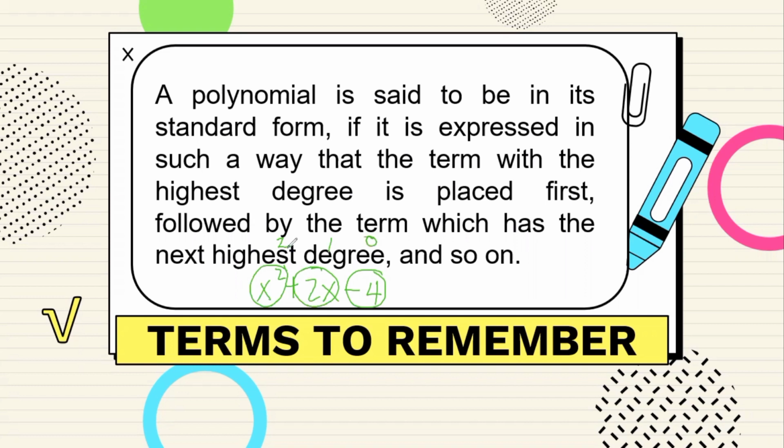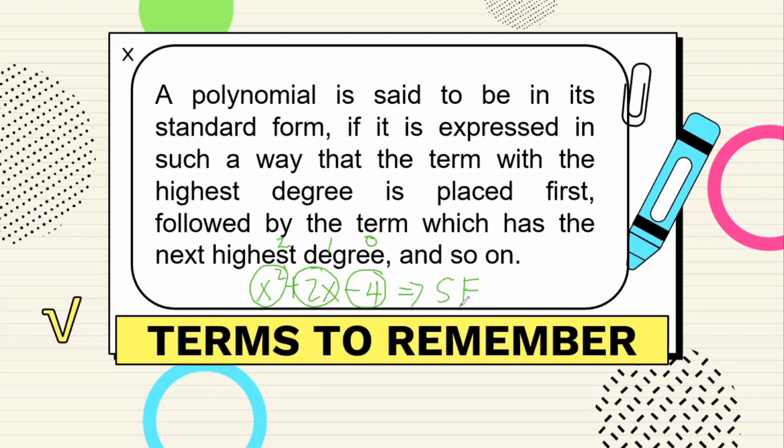So if we try to look at the exponents of each term, we have 2, 1, 0. Is it already in its descending order? Or yung exponents ba ng bawat terms ay ang arrangement ba ay pababa, pataas to pababa? Yes. Meaning to say, this polynomial expression is already in its standard form.